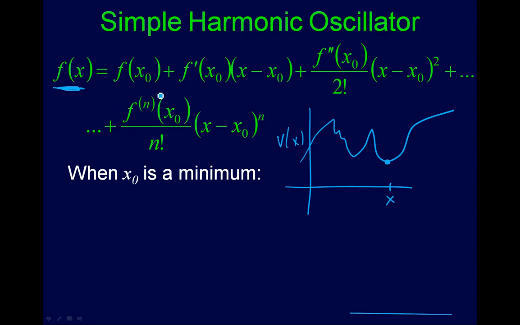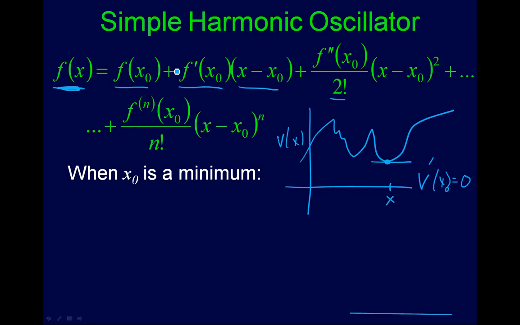This Taylor series is basically a combination of the function at that particular point, plus the first derivative of that function at that point times x minus x naught, and then the second derivative, and so on and so forth. Whenever we're at a minimum like that, at this point here, the slope is 0. So for this potential function, the slope at x sub 0 is equal to 0.